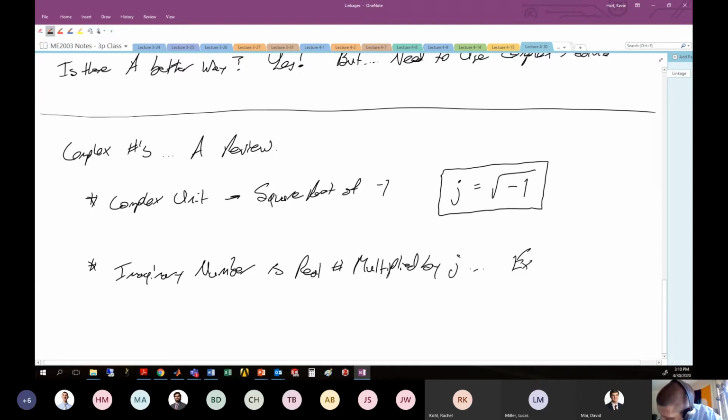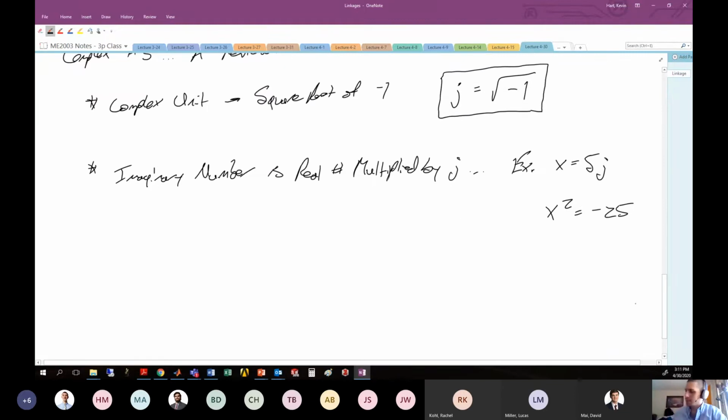An example might be something like x equals 5 times j. That would mean that x squared is -25. All right, this gives us a way to represent square roots and squares using negative numbers that otherwise we wouldn't be able to take the roots of. With that, then, a complex number is a combination of a real and an imaginary number added together.